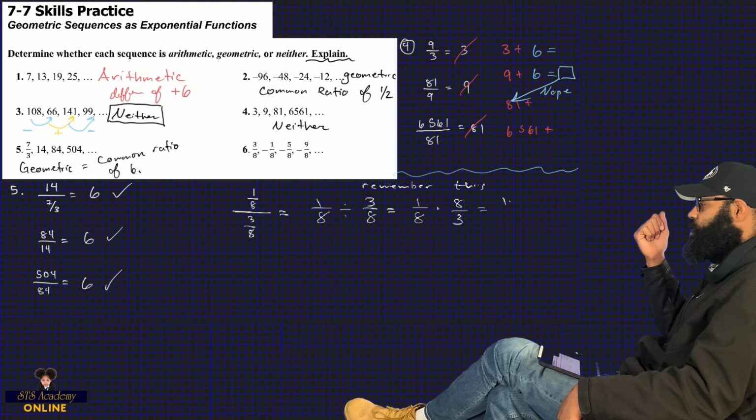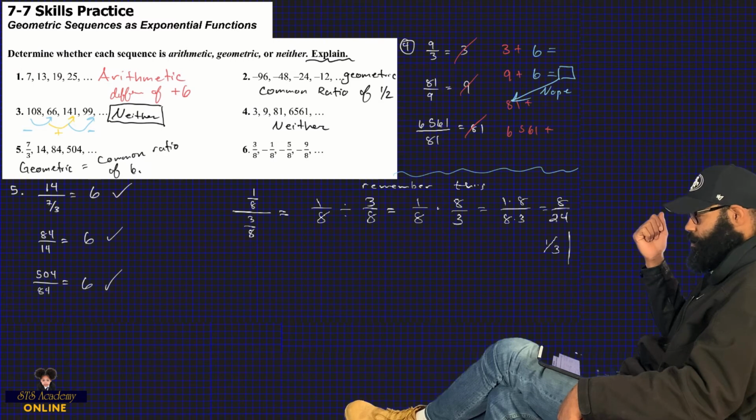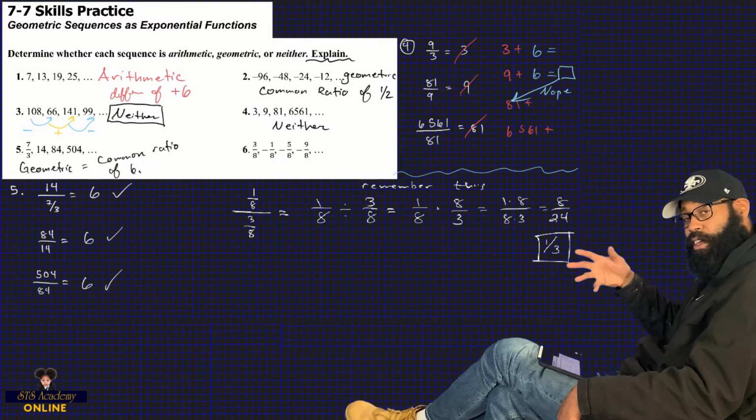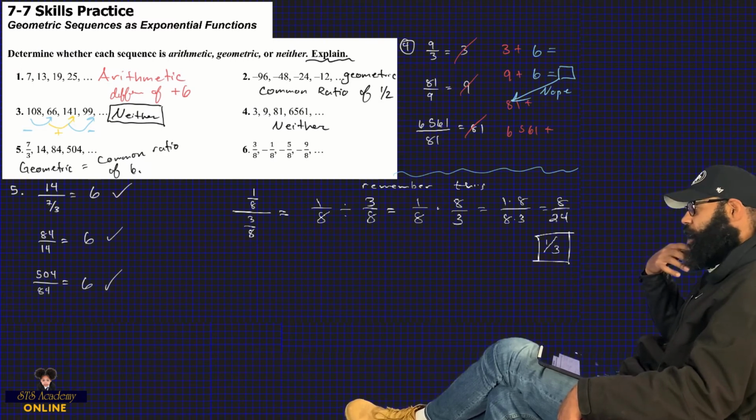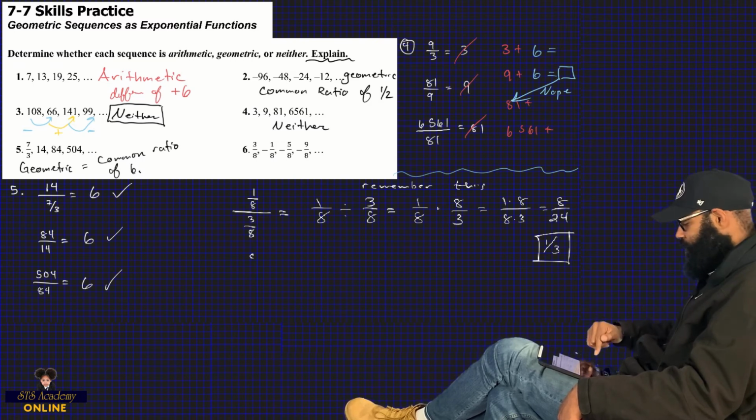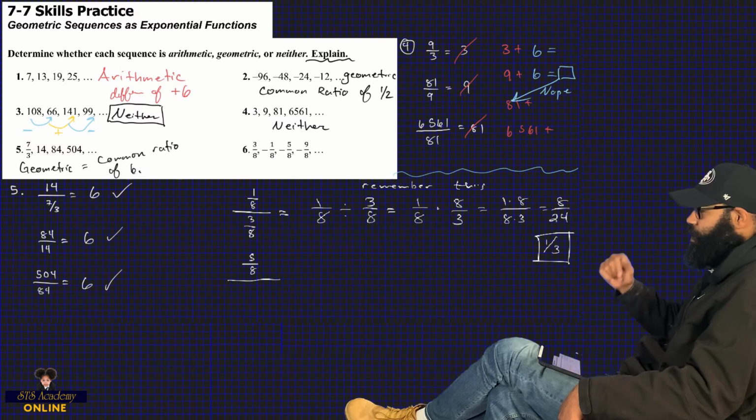So 1 times 8 is 8. 8 times 3 is 24. 8/24, which again simplifies to 1/3. So now I'm hoping to get 1/3 for all the others. And again, I just got a whole lot more to do, right? So hopefully I will speed this up because that's a lot of fun, right?